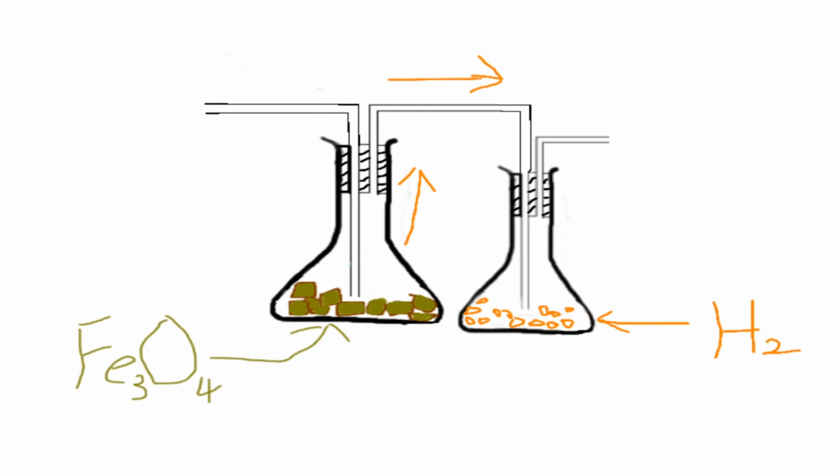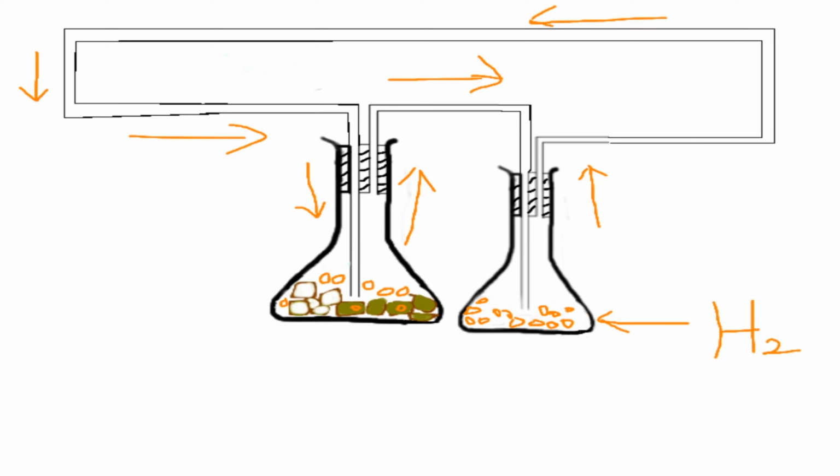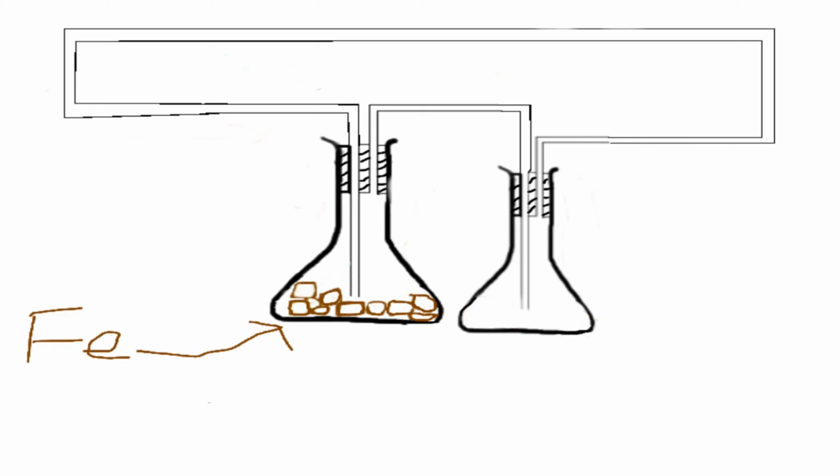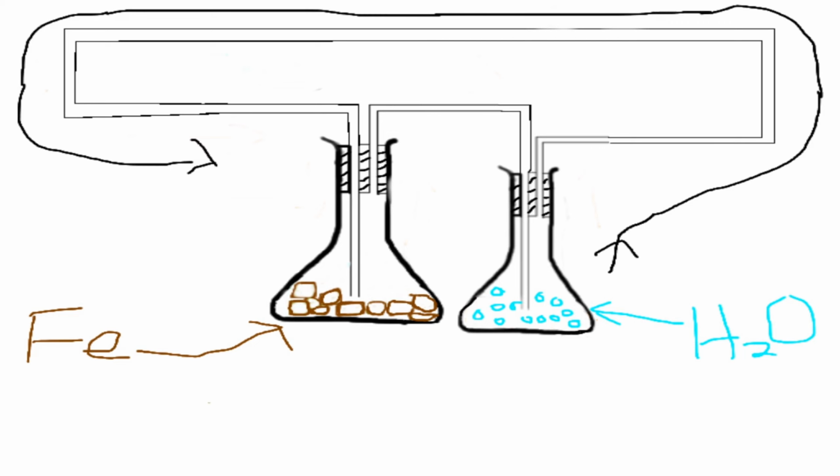Now, if we are to create a pipe, for instance, that could run back to the first conical flask, hydrogen will go back and react with triiron tetraoxide and is going to form iron and liberate steam. In a way, you can see that the entire reaction has been reversed.